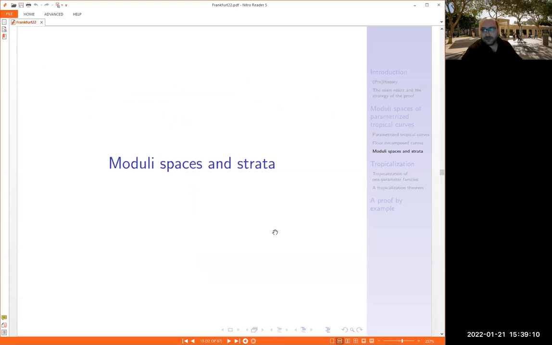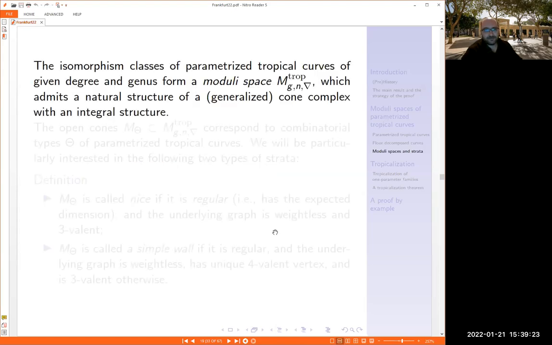Good. Now let me remind you of the notion of moduli spaces of parameterized tropical curves and describe a couple of strata that I will be interested in this talk. If you look at the isomorphism classes of parameterized tropical curves of given degree and genus, then they form a nice moduli space.